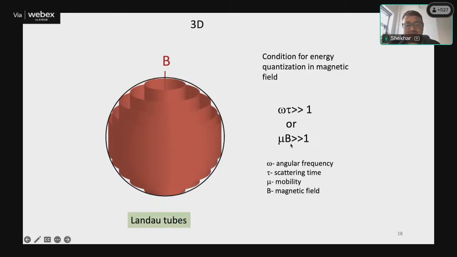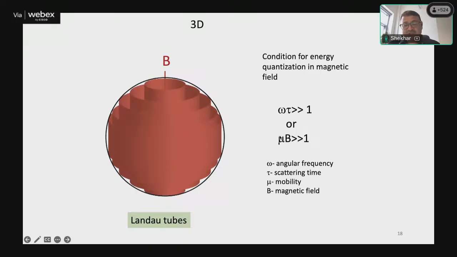So to observe the quantum oscillation, either we need a high field, which we don't have, we have 9 Tesla only, but we have a high quality sample where we can expect a high mobility. So the multiplication of these two quantities becomes greater than 1. B is fixed, at maximum 9 Tesla, but mobility depends upon the quality of the sample.